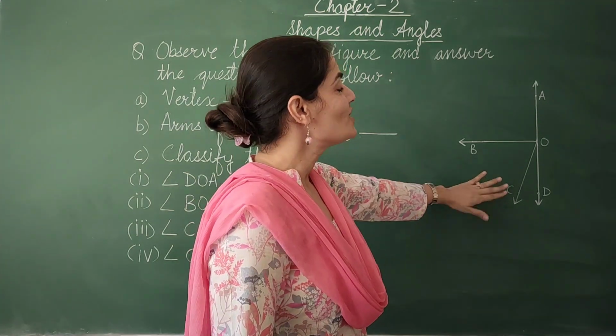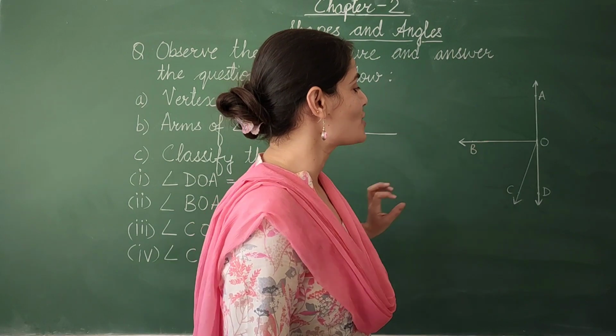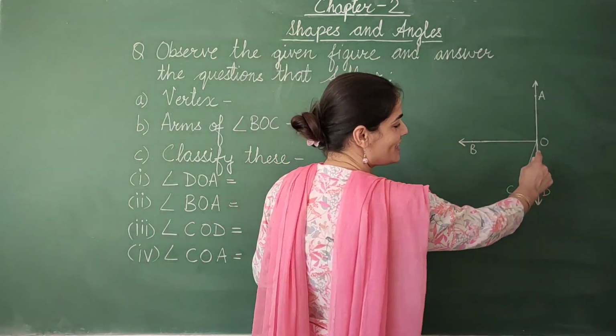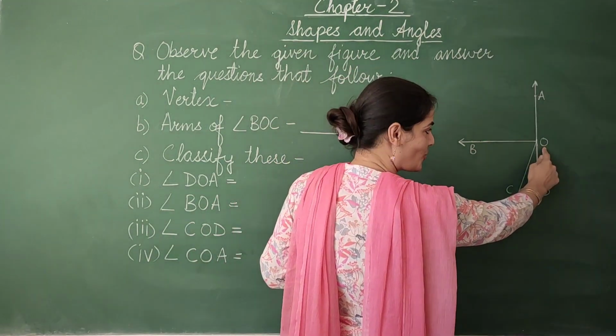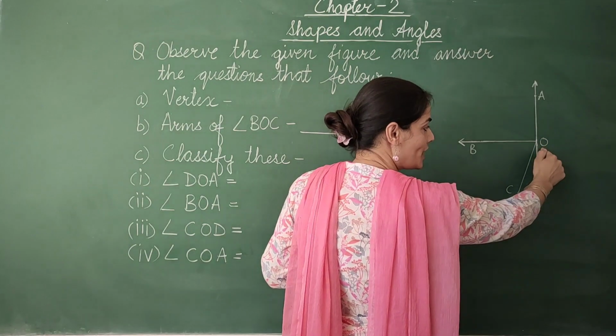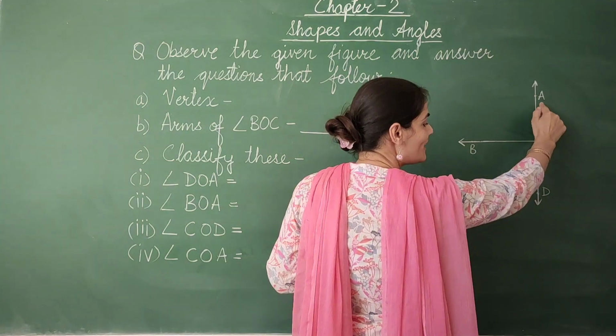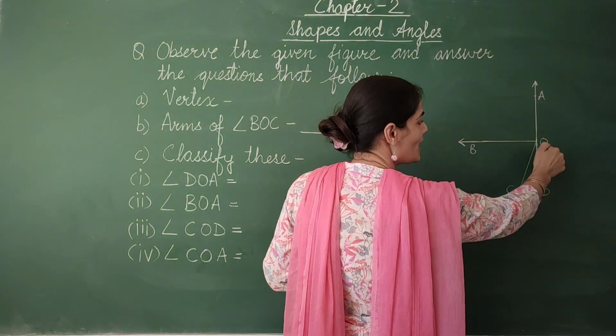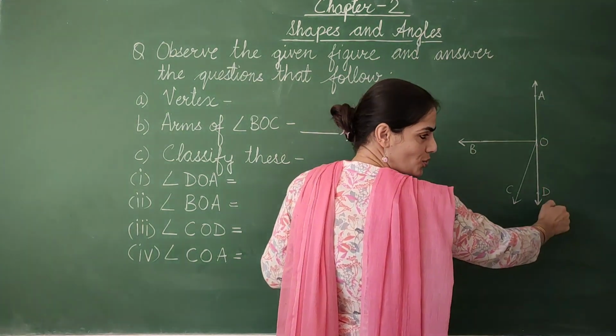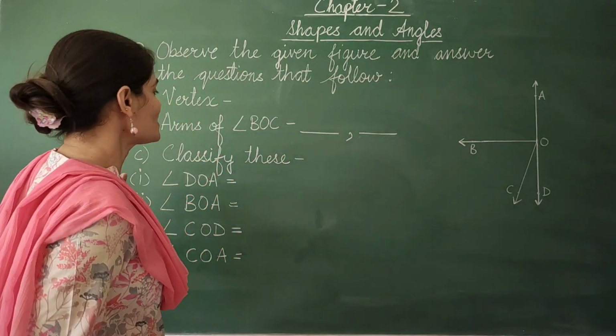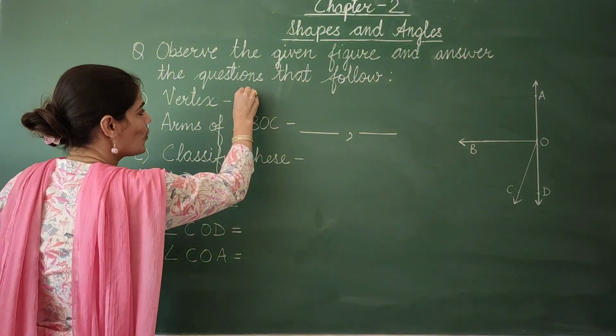So here, the common endpoint shared by 2 or more than 2 rays is point O. From this point, several rays are originating. Ray OA, ray OB, ray OC, ray OD. So, the vertex of this figure is O.